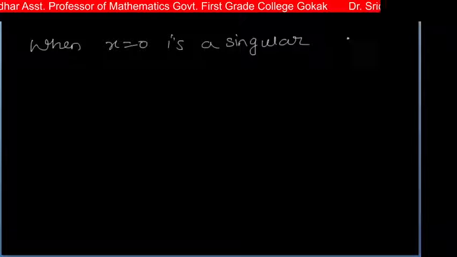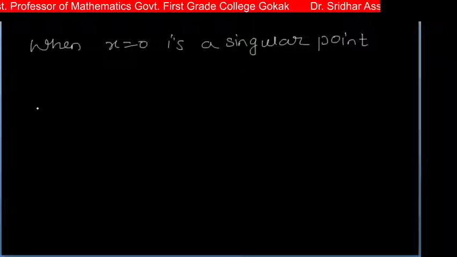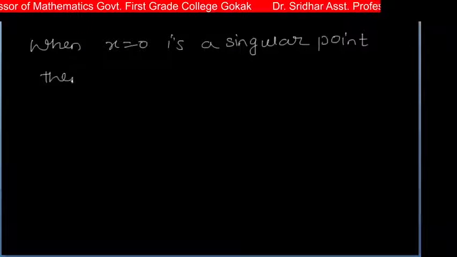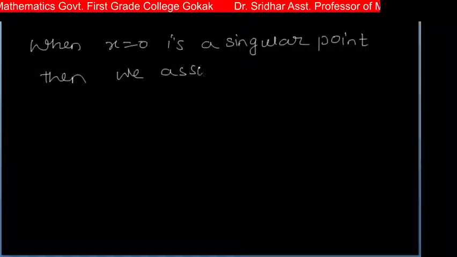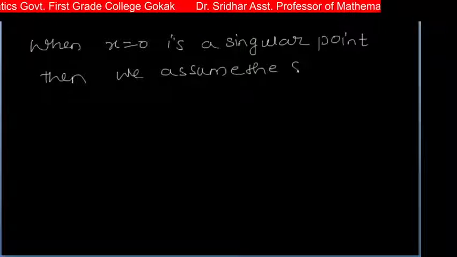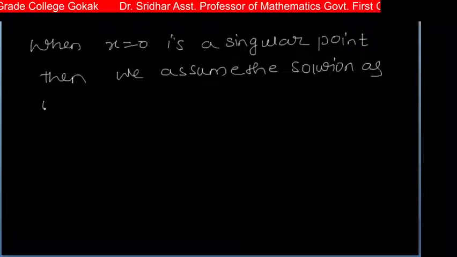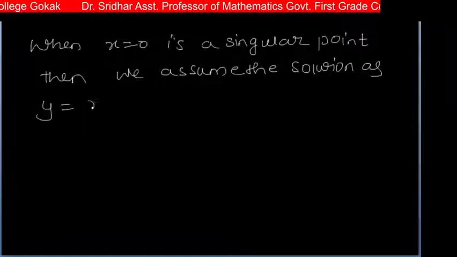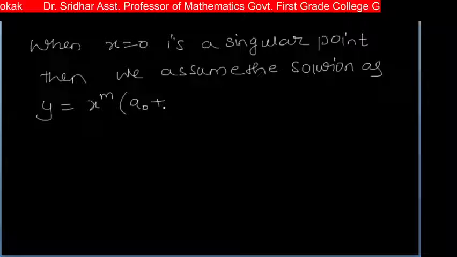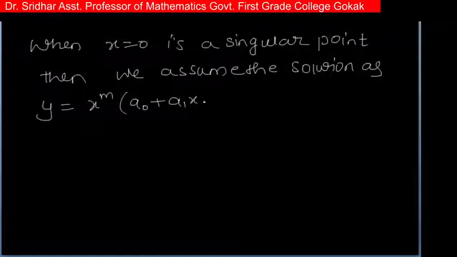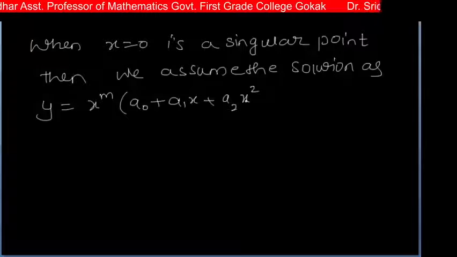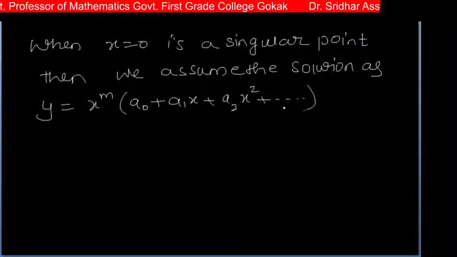Now when x equal to 0 is a singular point, then we assume the solution as y equal to x to the power m into bracket a naught plus a1 x plus a2 x square and so on.